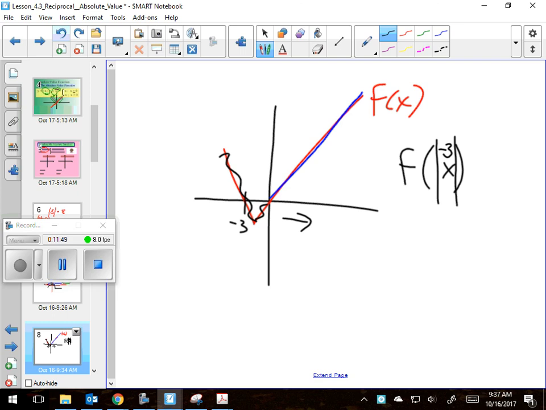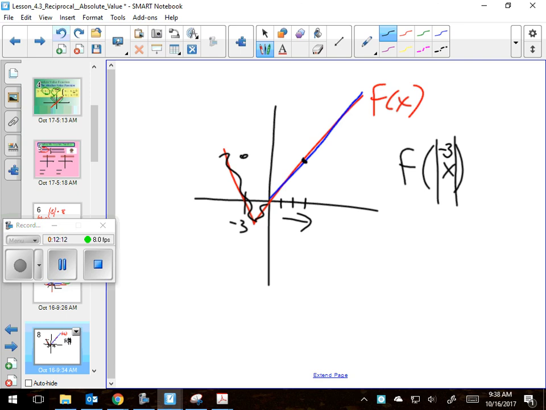So it's like I stuck in a +3. What does the function think the answer is then? It goes over here to where +3 is and says, oh, the answer is this. So when you put in a -3, it thinks you put in a +3 and it kicks out that answer, which is like that.